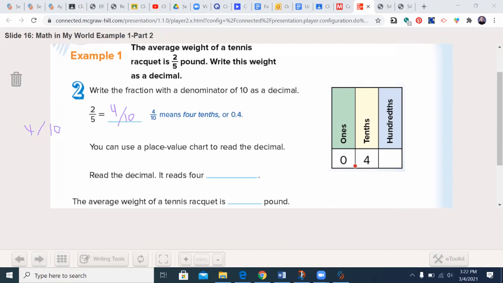There are 0 wholes, and there's a 4 in the tenths column. So we have 4/10. So the average weight of a tennis racket is 0.4 pounds, or 4/10 of a pound. Go ahead and write that in. I'll give you a few more seconds here.